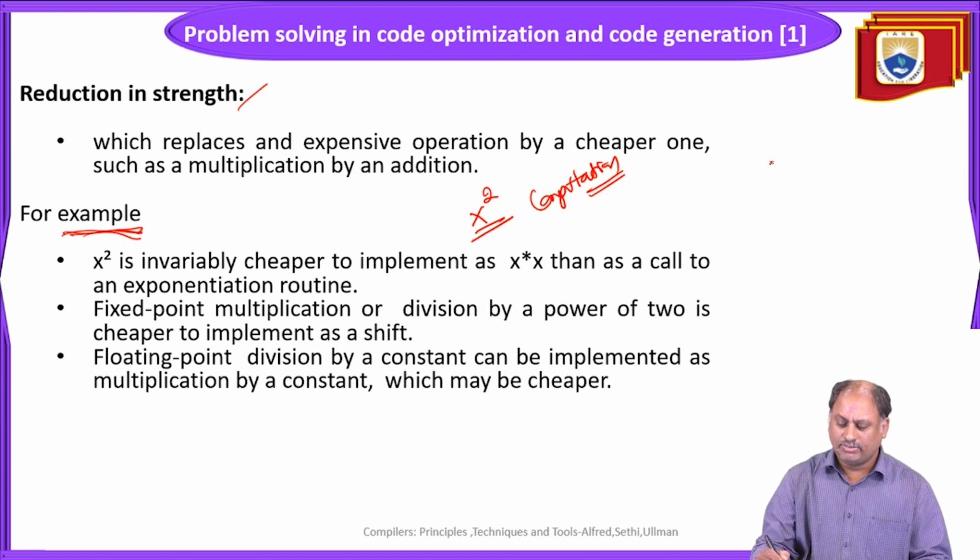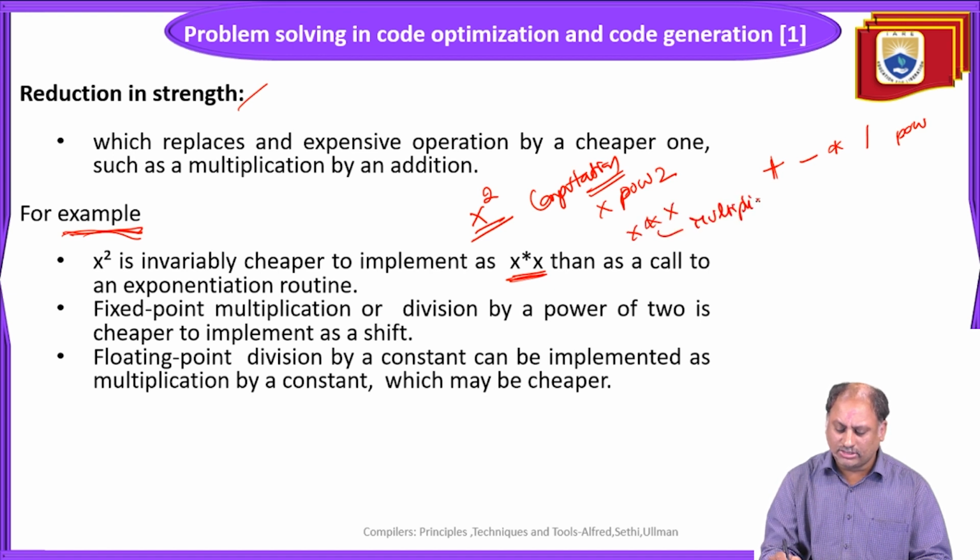That means plus, minus, star, slash, whichever is having lower preference, that is to be used as much as possible. So here power is a strong operation, compared to this combination which contains x power 2. Whereas instead of that we can write x star x. So this is a multiplication.